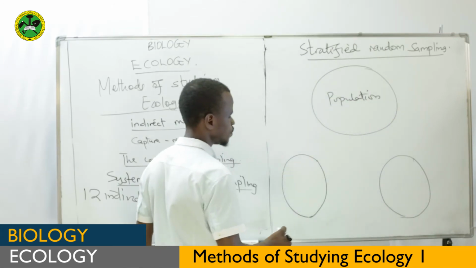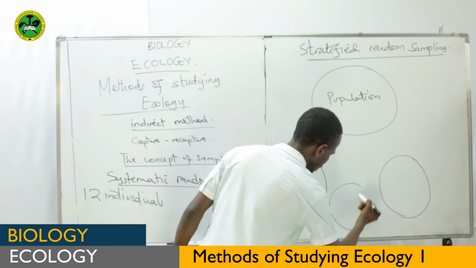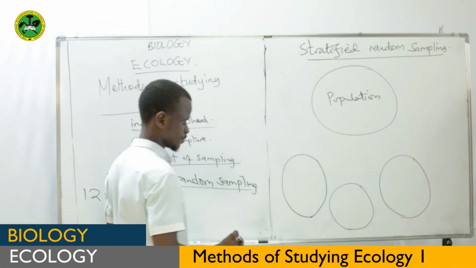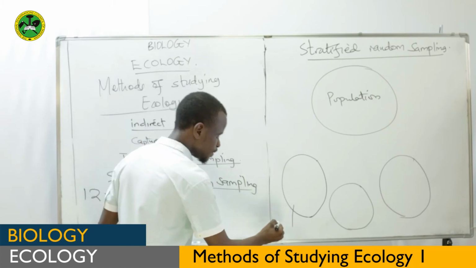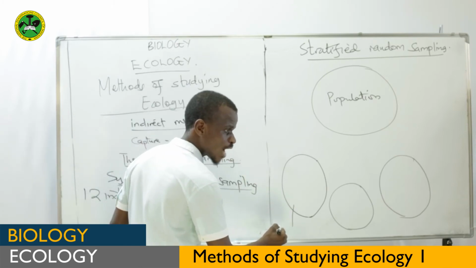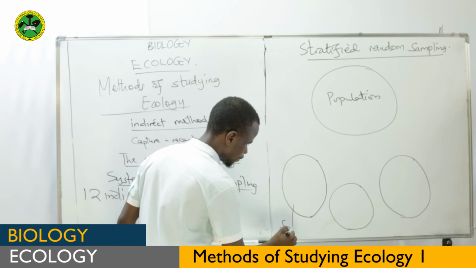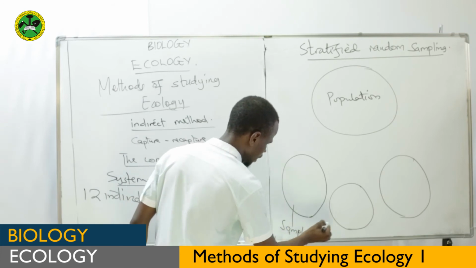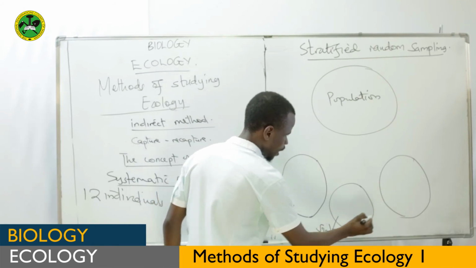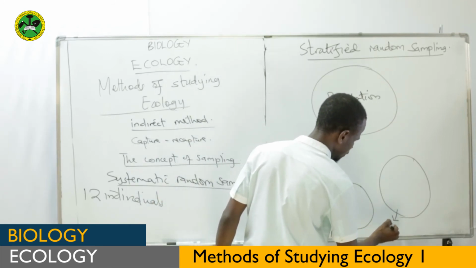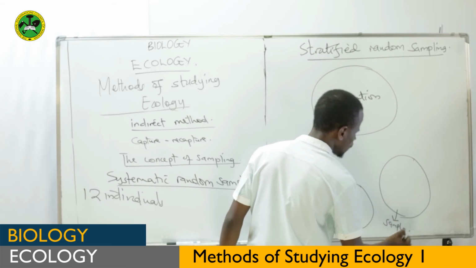This is another subgroup. This is another subgroup. Then from each subgroup, representative members are selected, called the sample. Therefore, a sample is taken here, a sample is taken here, and also a sample is taken here. Hope you are following, my student.